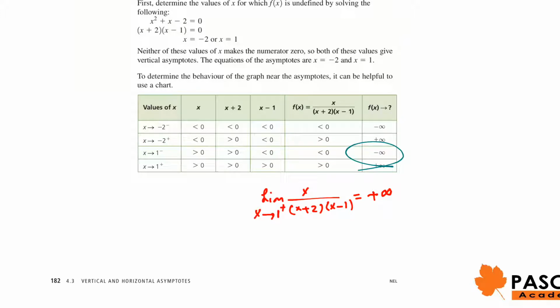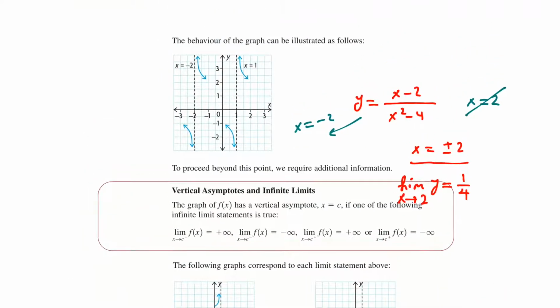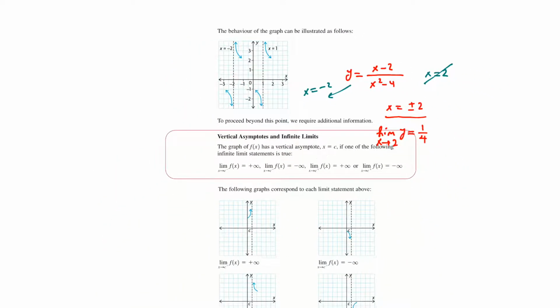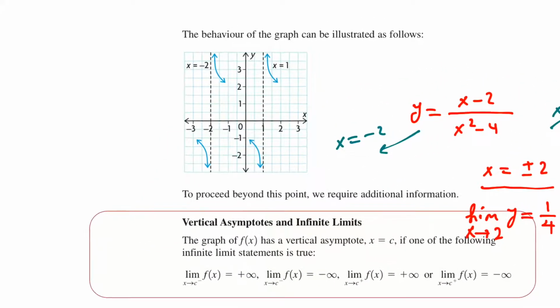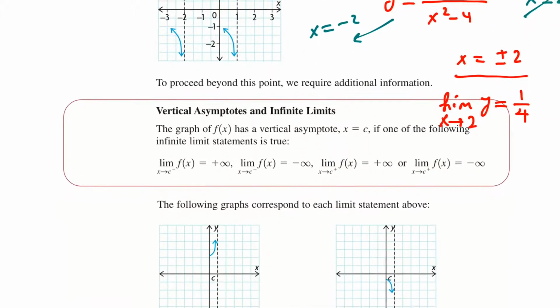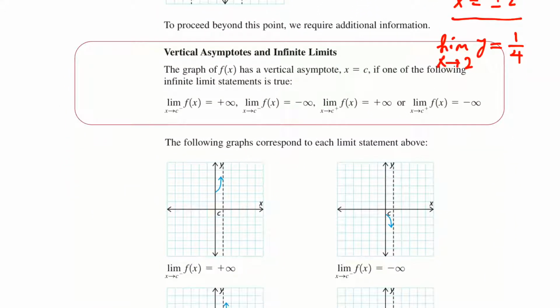This is the way we see if the limit is positive or negative infinity. The graph of the function close to 1, more than 1 it is positive infinity, less than 1 it is negative infinity. Similarly, we can discuss it around negative 2.